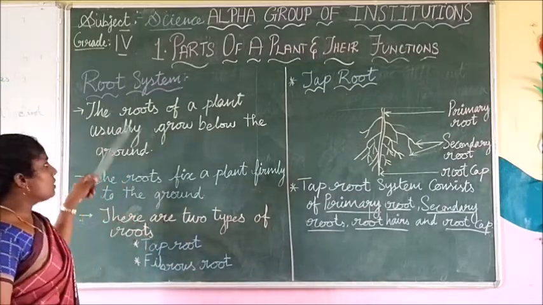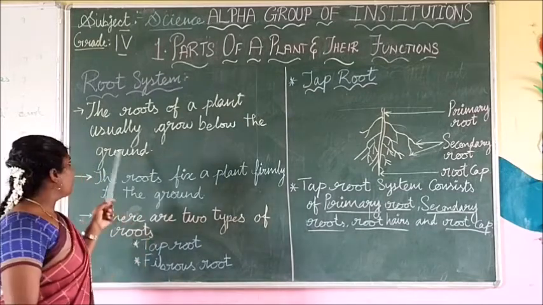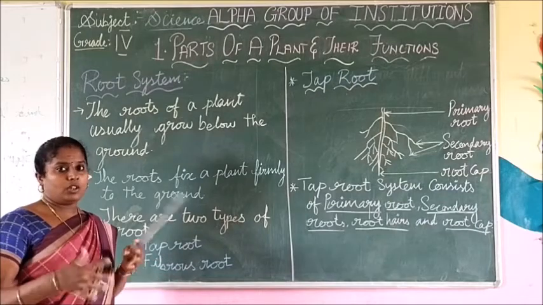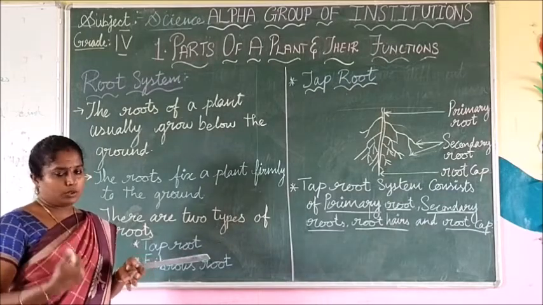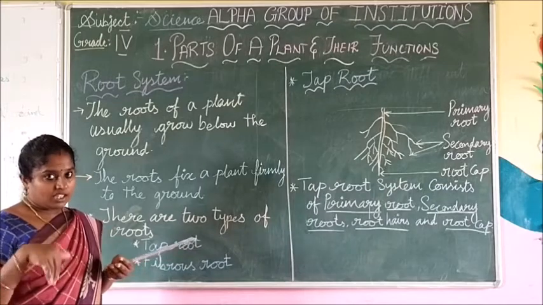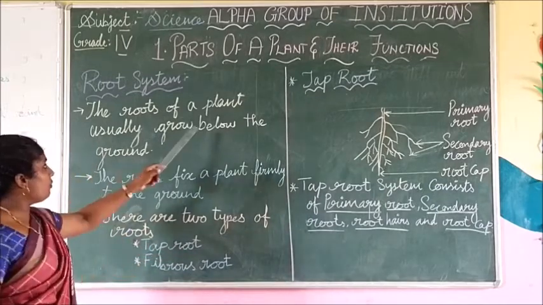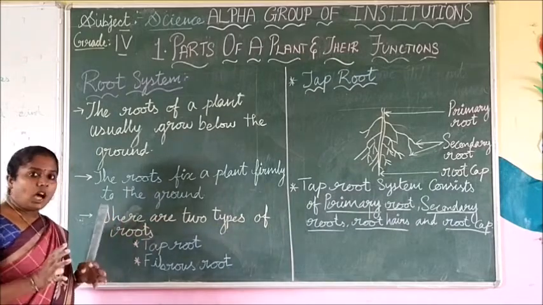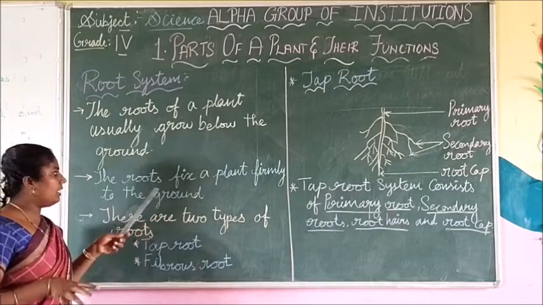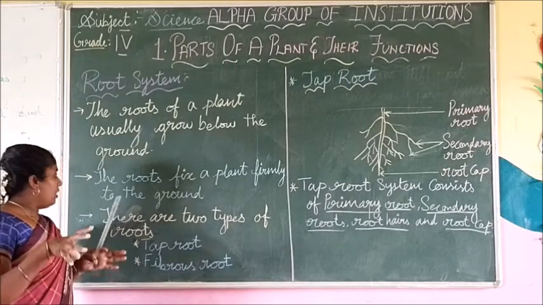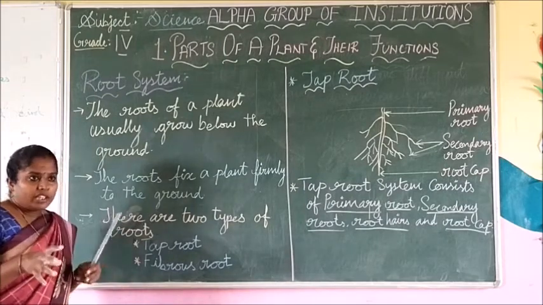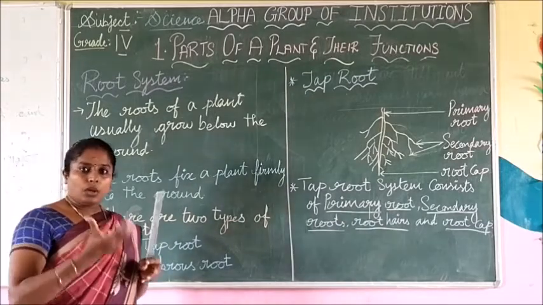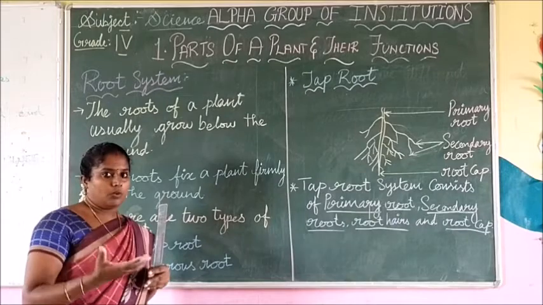So the root system. The roots of a plant usually grow below the ground. We cannot see roots above the ground. Roots will be under the ground. Roots fix a plant firmly to the ground. With the help of the roots only, the plant is growing on top of the ground.